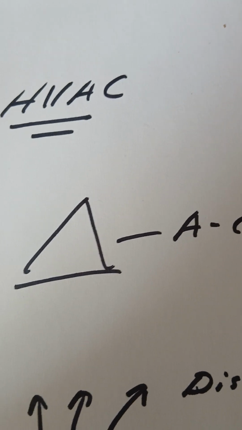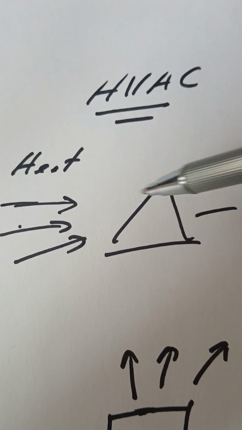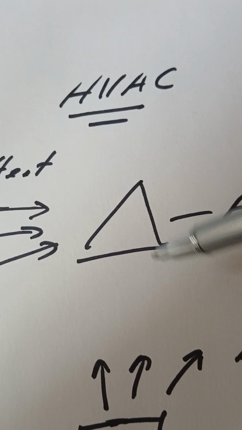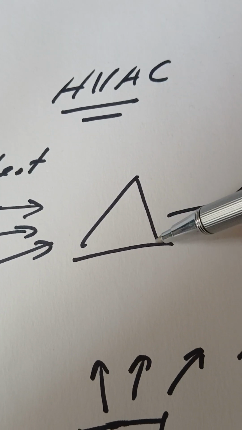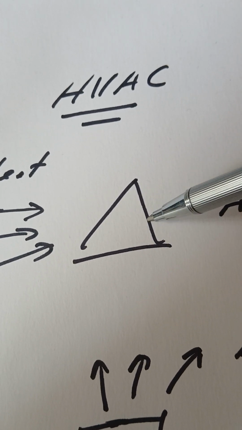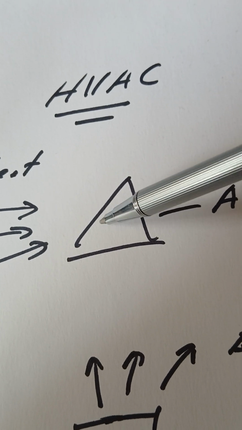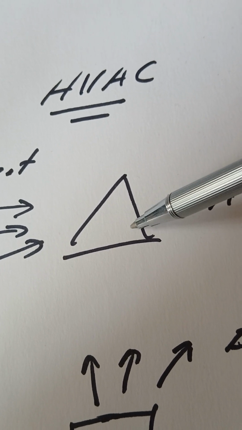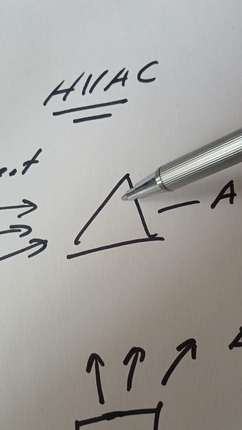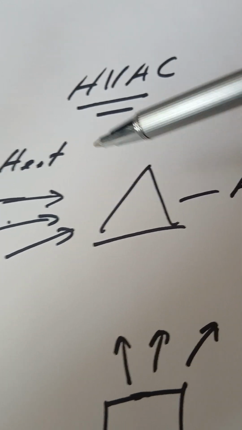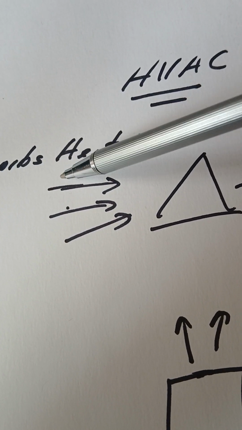So when the refrigerant goes into this A coil, it begins to vaporize. There's a thing called superheat and subcooling, and it begins to go from liquid to vapor. Then this temperature here is cooler, perhaps, I'm thinking, than the room temperature.